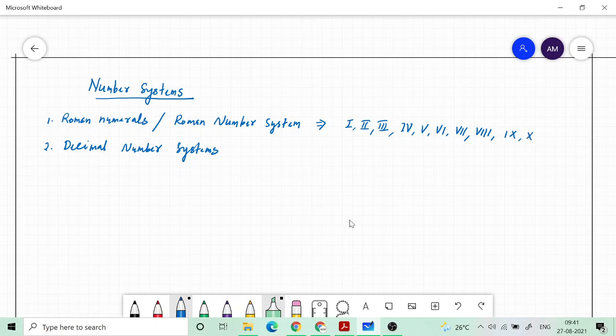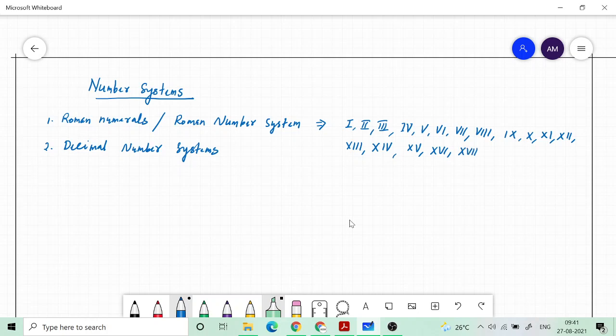And then X, where X is 10, so then you can go up to XI, XII, XIII. You can still go on like this. This is also possible, and then this is possible, then this is also possible. We are not violating any rules here.